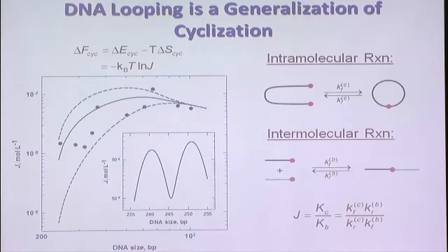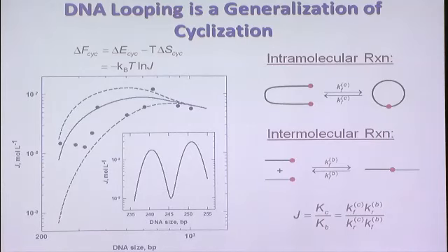Okay, so we've heard a lot about contact probabilities. I tend not to think so much about contact probabilities, but rather, because I'm a chemist by training, I tend to think about concentrations as a measure of thermodynamic drive.